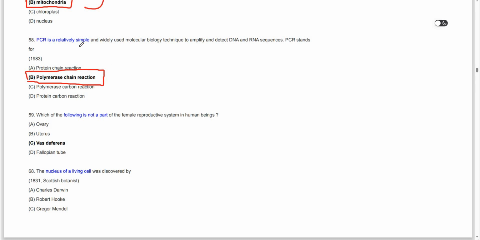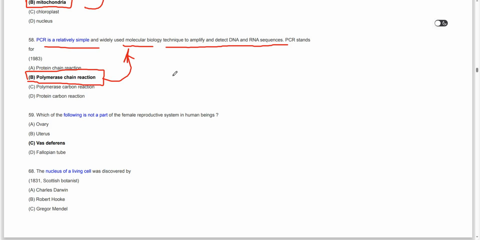So PCR is a relatively simple and widely used molecular biology technique to amplify and detect DNA and RNA sequences. PCR stands for polymerase chain reaction.